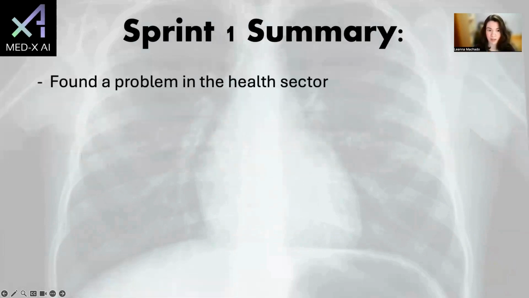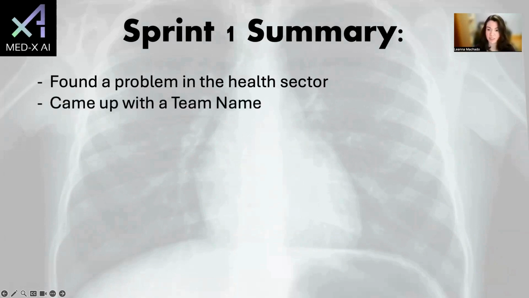Now, looking back on the work the team has done throughout the previous sprints, we began by figuring out a problem that we could find and develop a valuable solution to, with the health sector being the topic we settled on. We then came up with a team name, Medx, which relates to the thorax disease detection solution we plan to develop. In Sprint 1, we self-organized and established team roles based on the skills we had and what we wanted to learn.